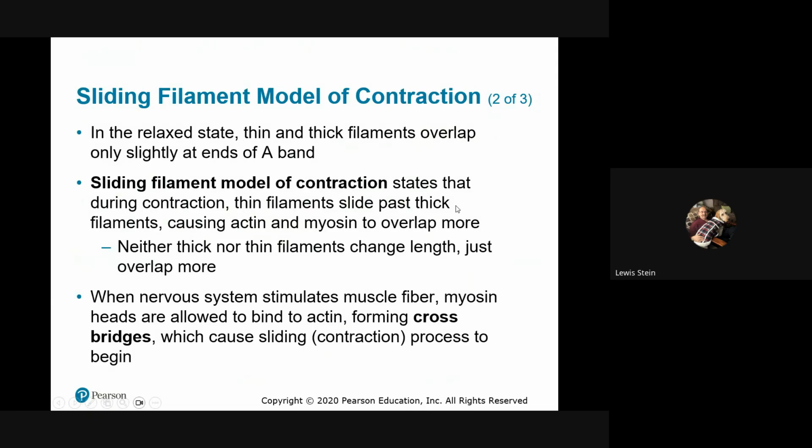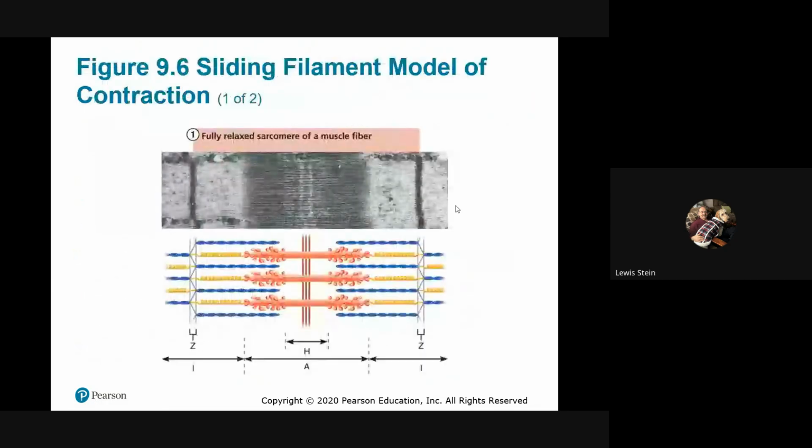So maybe I should show it to you first. Let me do this. So, for instance, how much does it contract? This is an actual micrograph, and here's the illustration you're familiar with. And it's pretty accurate in the sense you can see this is the amount of room that it can contract. So if I hold the cursor here, these are the Z discs.